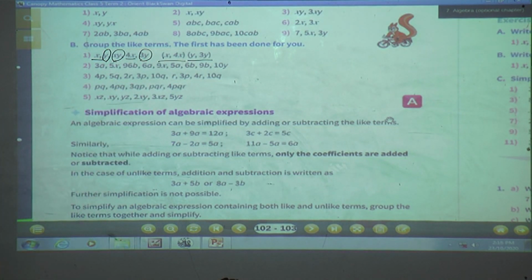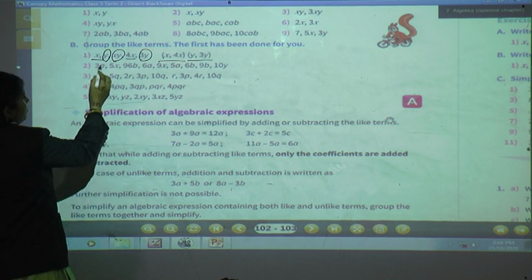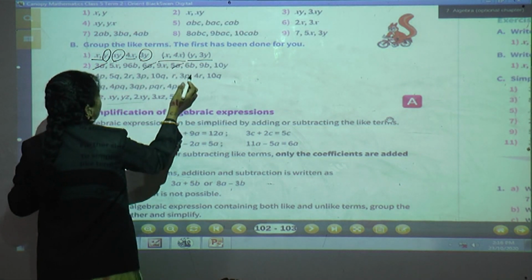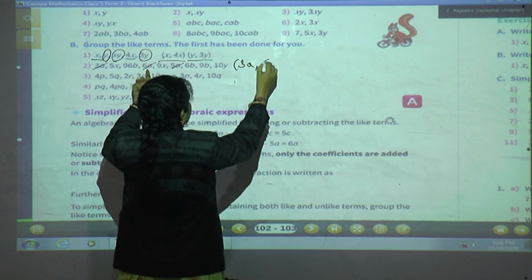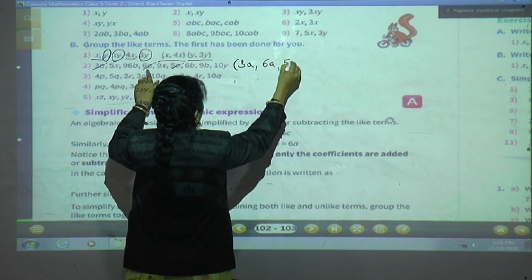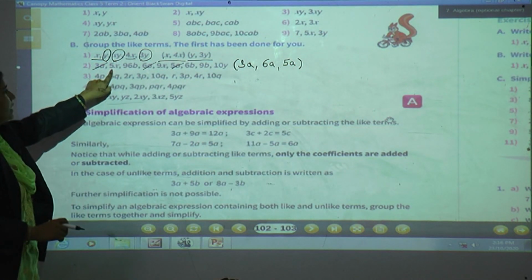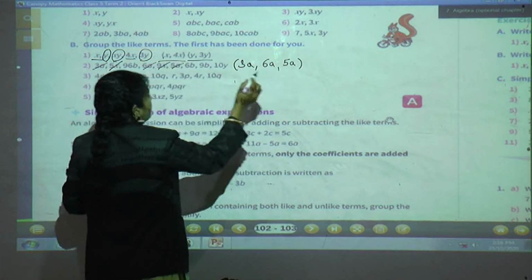Okay, similarly we can solve the second one. See carefully, here is 3a, so we can put together a terms. 3a, 6a, 5a. Now in another bracket we can take x terms. Here 5x, 9x.